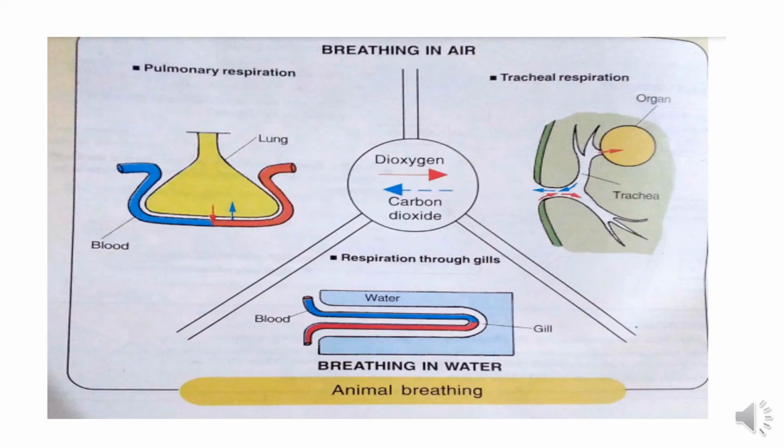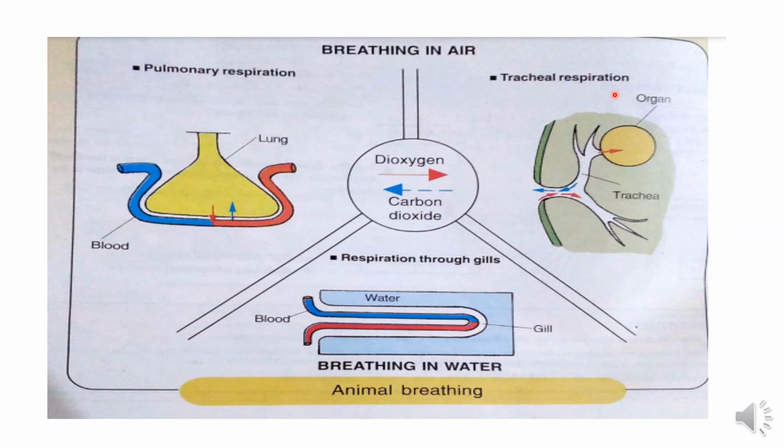Let's discuss together this picture. Breathing in air, we have the pulmonary respiration and the tracheal respiration. The pulmonary respiration takes place at the level of the lungs. The oxygen gas diffuses from the pulmonary alveoli into the blood and carbon dioxide diffuses from the blood vessel into the pulmonary alveoli.